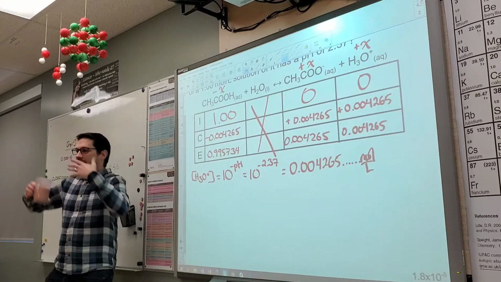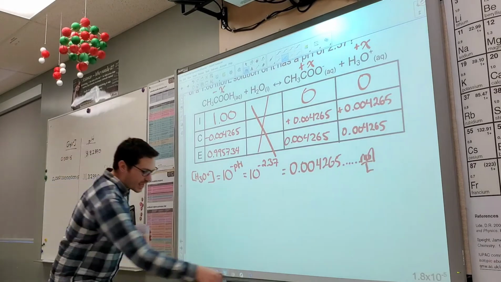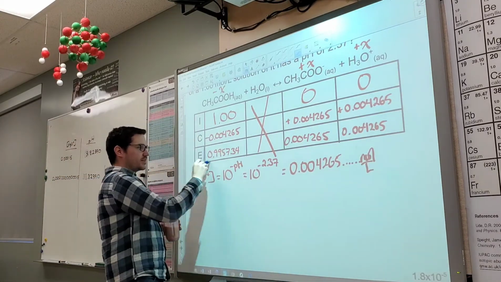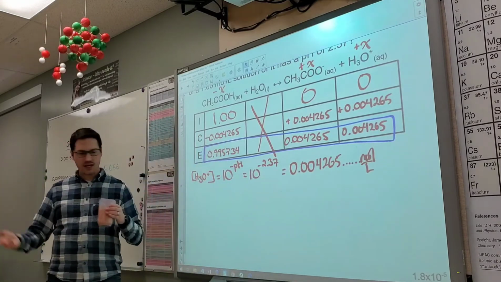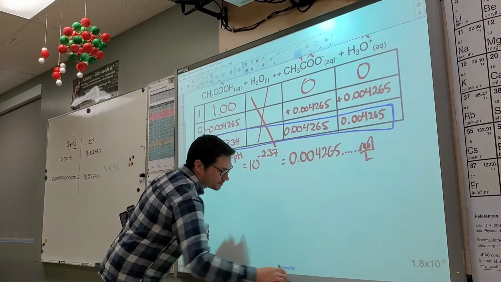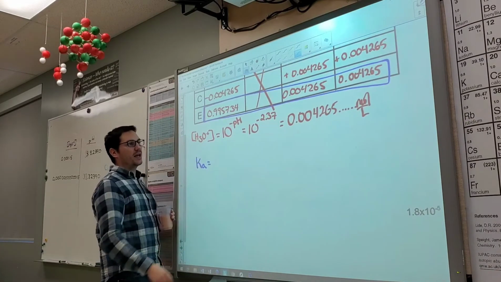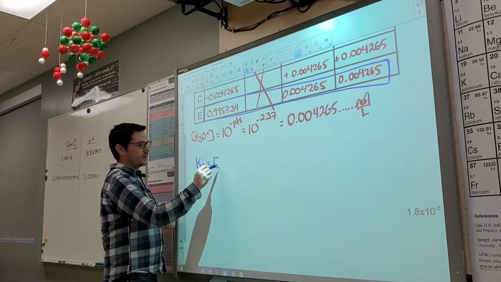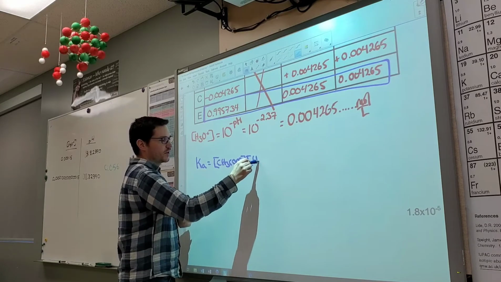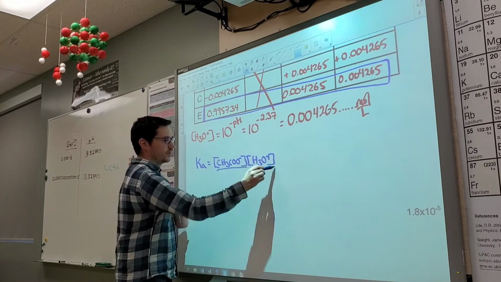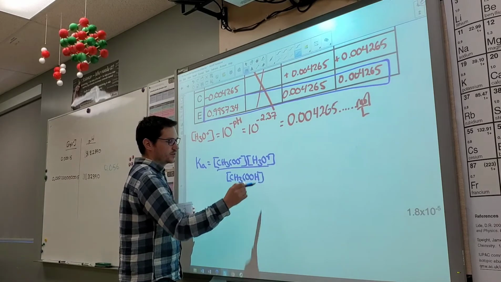Could you calculate the K value for this reaction? Yes. The K value for this reaction is this relationship, using all of the equilibrium concentrations in that expression. So Ka is equal to the acetate concentration times the hydronium concentration, divided by our original acetic acid concentration.